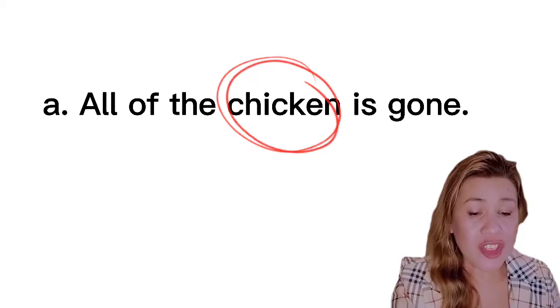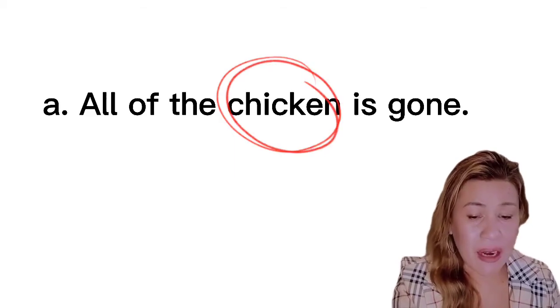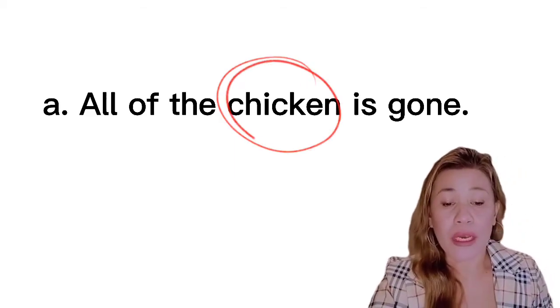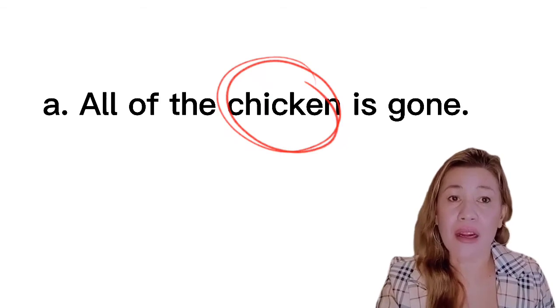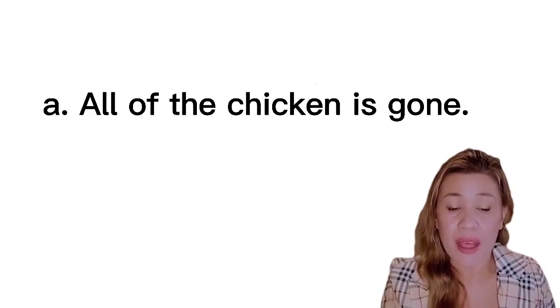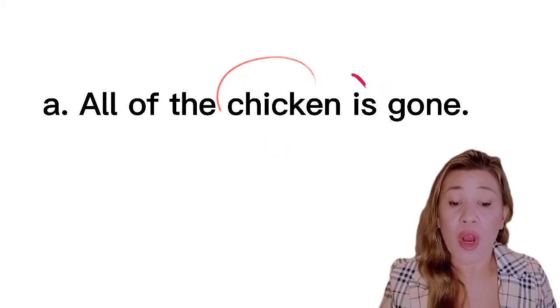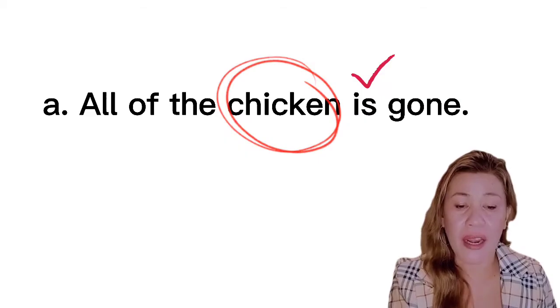Now, notice that chicken is singular, and therefore, since this is singular, your all now is taken singularly, and therefore, it will need a singular verb. That's why we have is gone as our verb. So, all of the chicken is gone.